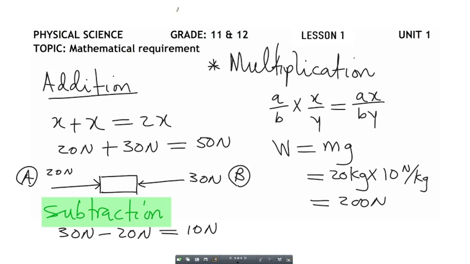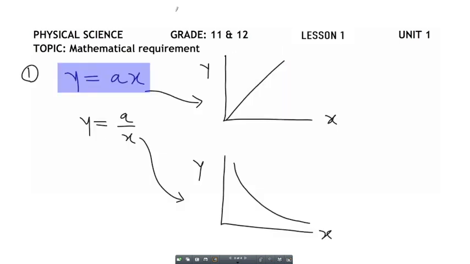And then the third part, multiplication. When you have multiplication, you can rely on the concept of multiplying the numerator by the numerator, and the denominator by the denominator. I gave a simple case of direct proportion, where y equals ax, the equation that connects y, a, and x, and x and y are directly proportional.